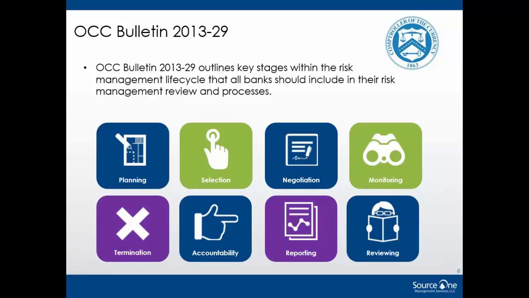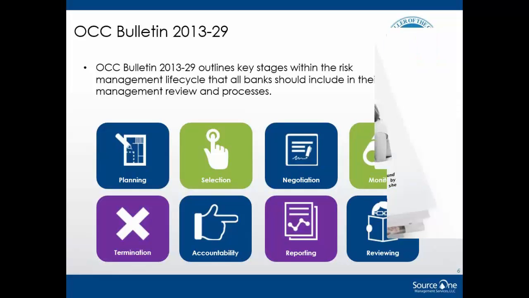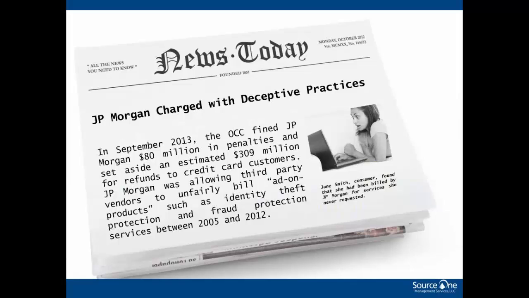Even with that, I've talked before about findings around the CFPB. We're finding the same with respect to the OCC as well. There have been a number of these kinds of findings in the news around credit cards, around UDAP, but I want to highlight this one in particular, where JP Morgan was ordered to refund customers in the amount of $309 million and pay an $80 million fine as a result of their cross-sell activities.